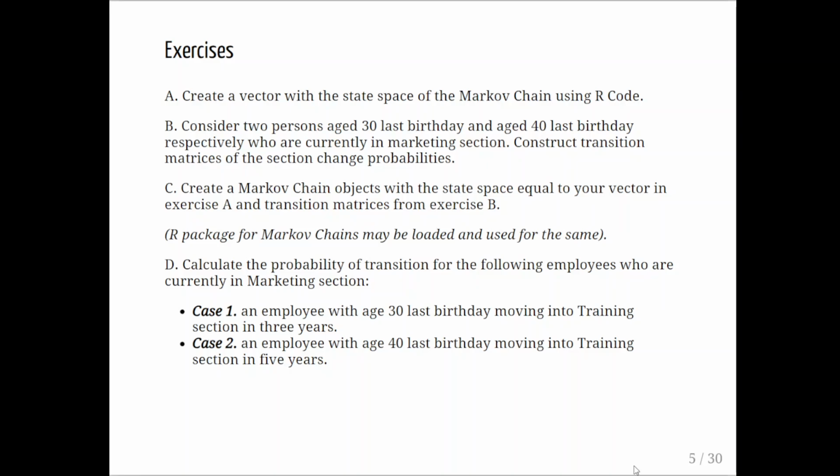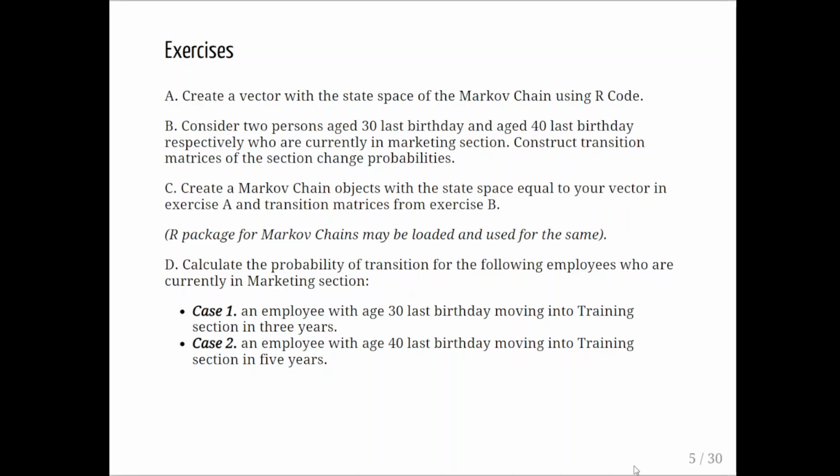C, create a Markov chain object with the state space equal to your vector in exercise A and the transition matrices from exercise B. R packages for Markov chains may be loaded and used for the same. So essentially what we're going to do here is use the Markov chain R package. So exercise A, B and C builds us up to building this Markov chain object.